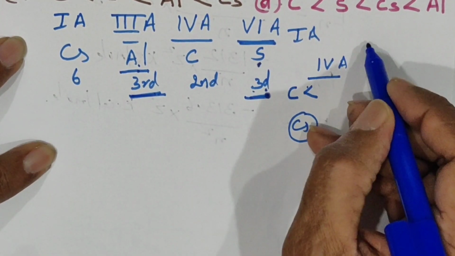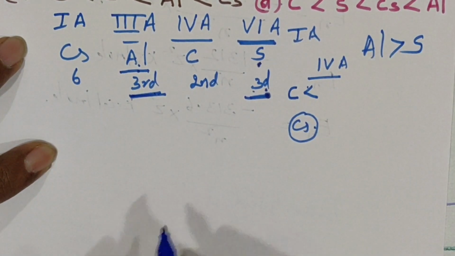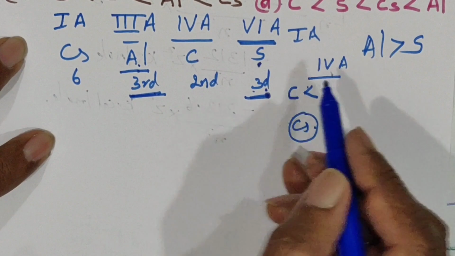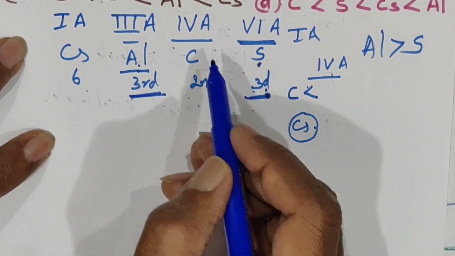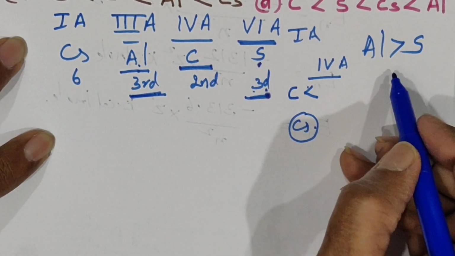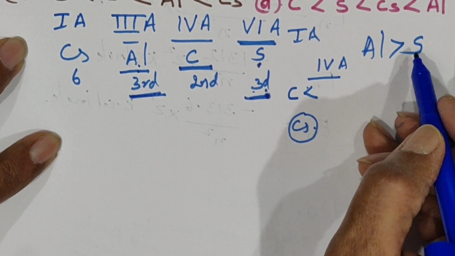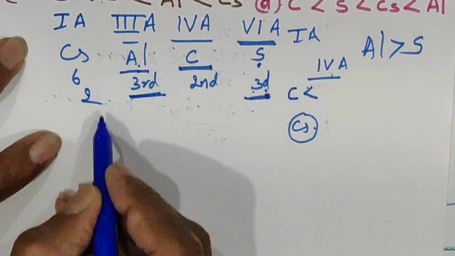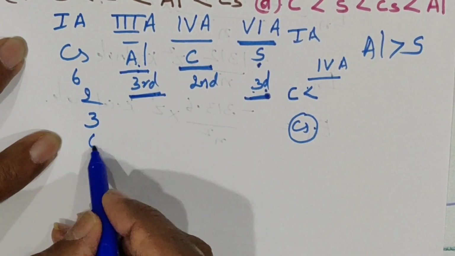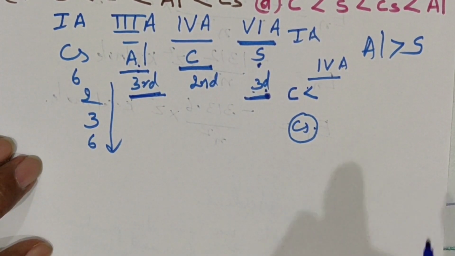That means aluminium is bigger than sulfur. Next, carbon. Carbon belongs to 2nd period, so that is smaller in size. Right? 2nd, 3rd, 6th. Down the group, size increases.